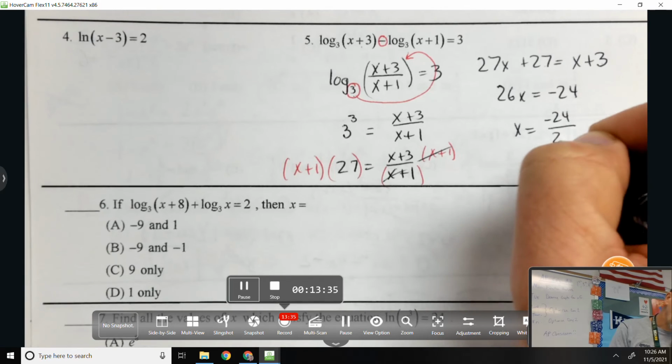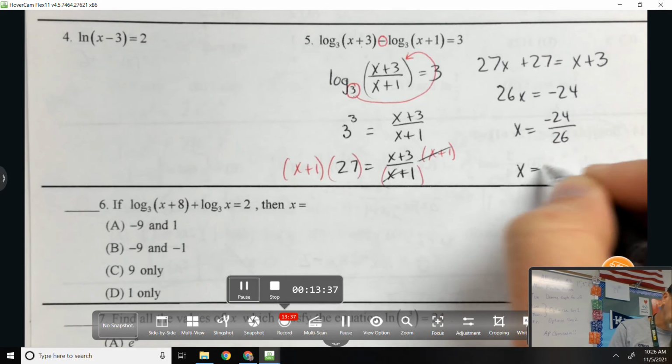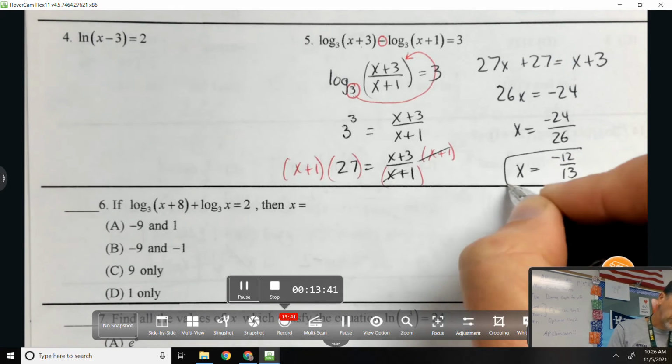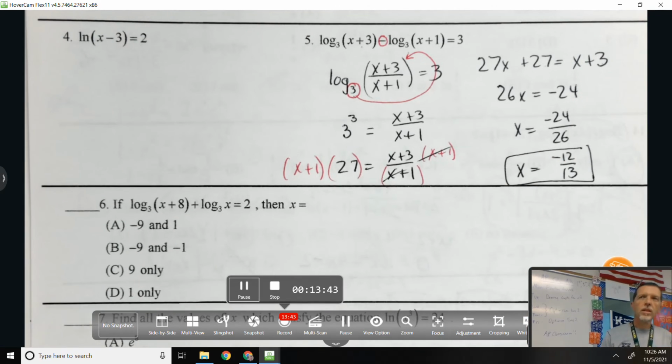Negative 24 over 26, but that reduces. So negative 12 over 13. A little bit of pre-cal, a lot of Algebra 1. Yeah, I understand that. You good with that one?